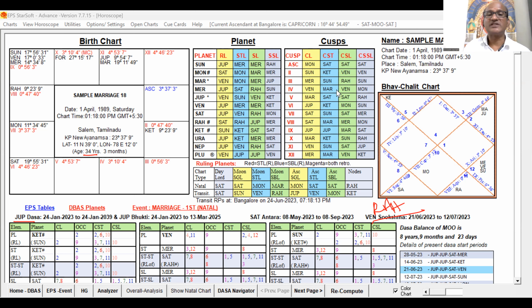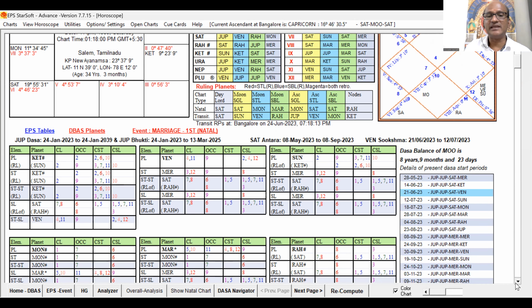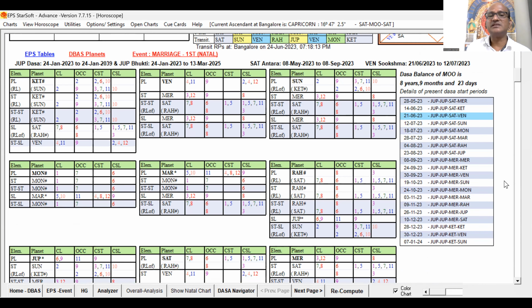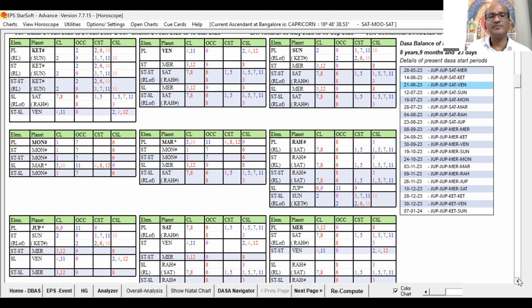Okay. So first of all, we have to check the destiny. Let me look at the EPS table. You see, this is the output of the EPS software, the home page. Here you can see all 9 planets' EPS tables are given: Ketu, Venus, Sun, in the Vimshottari Dasa order.